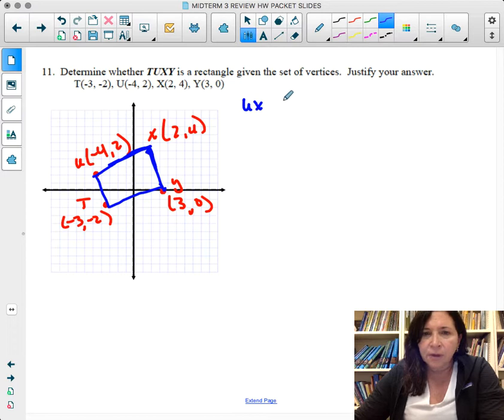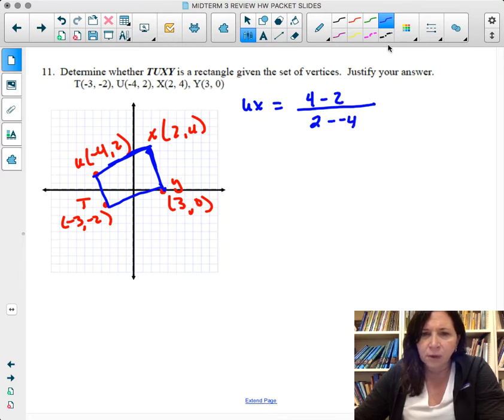So the slope of UX is going to be, subtract my y's, 4 minus 2 over 2 minus -4. And I'm going to get 2 over 6, which is 1 over 3. Okay? And for the slope of XY, let's find the slope of that.